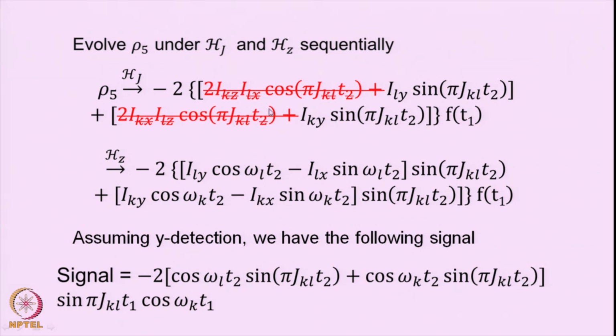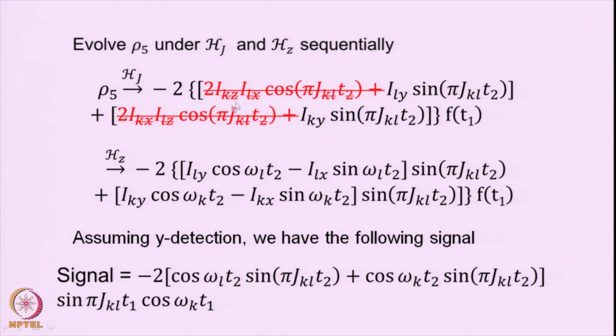Now this is after the T2 evolution. So after the T2 evolution in J, this term has the antiphase, this term has remained as it is, and we have generated in-phase terms here with the coefficient sin pi J KL T2, but there is a residual antiphase term with the coefficient cosine pi J KL T2.